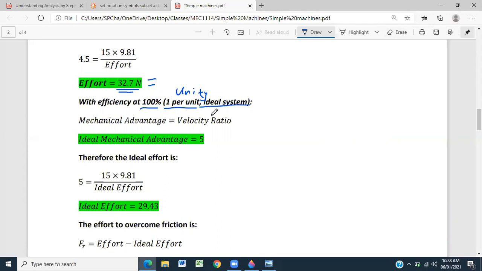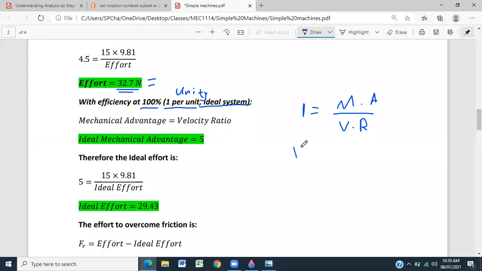Good. Now, for the ideal system, efficiency is 100%, so 1, right? Not 0.9, not 0.8, but 1. And that's equal to the mechanical advantage over the velocity ratio. Now, transposing this, we find something very unique.